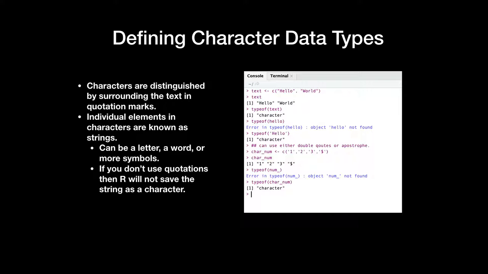Now, you can use either double quotes or an apostrophe to pass character strings. And just to emphasize the point, it doesn't necessarily have to be a letter. It can be a number, it can be a symbol, whatever you put in there, as long as it is in quotation marks, double or single, it's going to be of type character.